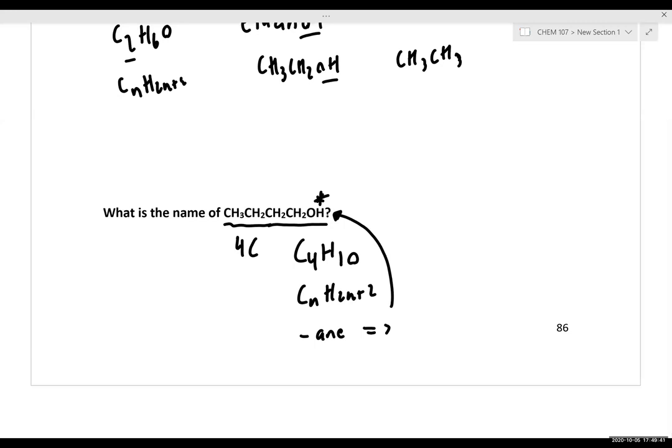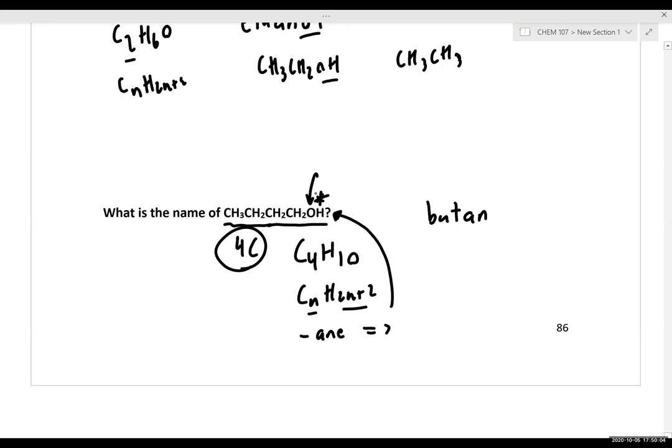So in this case, 4 carbons. What's the prefix for 4 carbons? But. Yep. So we name this as but. It's of the form CnH2n+2, so we name it as butane.